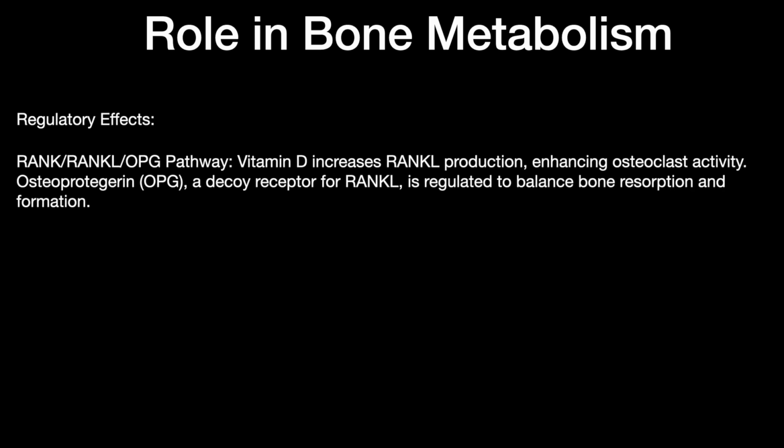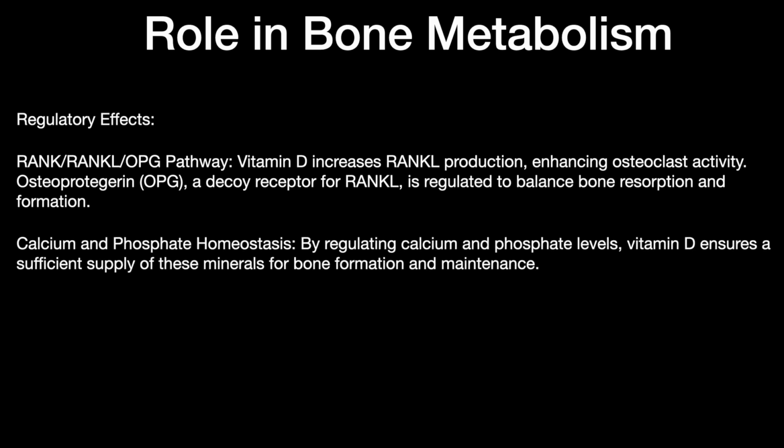Now, regulatory effects. Through the RANK pathway, vitamin D increases the production of RANKL, enhancing osteoclast activity. Osteoprotegerin, that is OPG, a decoy receptor of RANK, is regulated to balance bone resorption and formation. By regulating calcium and phosphate levels, vitamin D ensures that a sufficient supply is there for the mineralization of the bone and its maintenance.